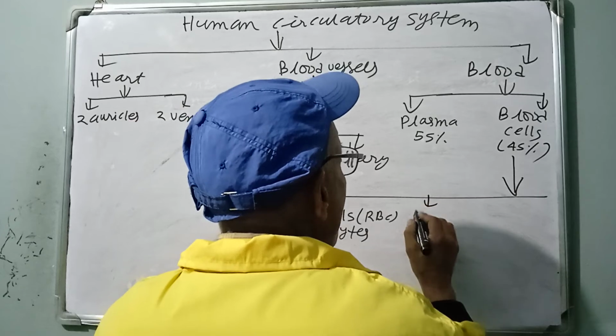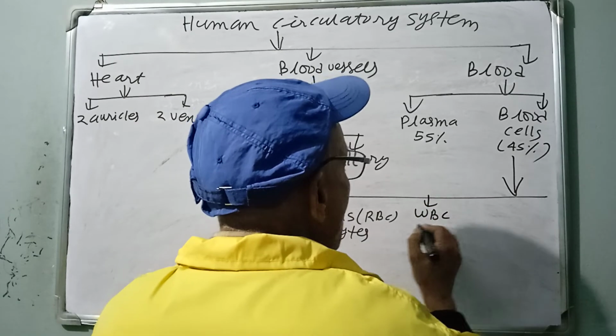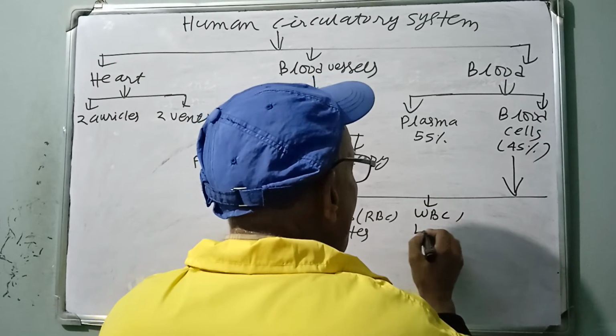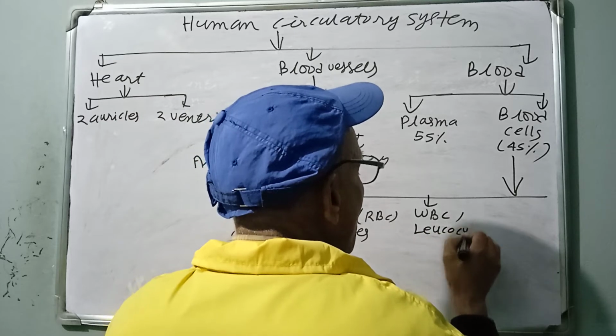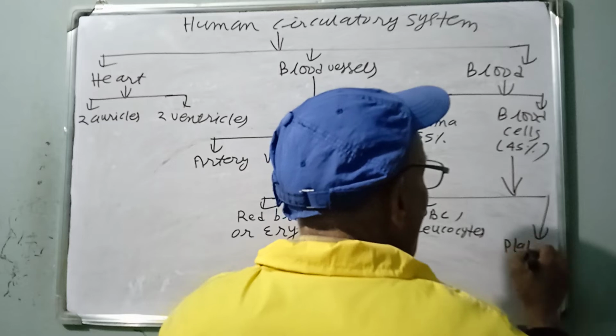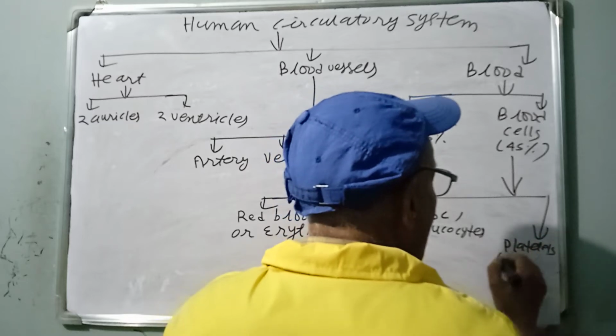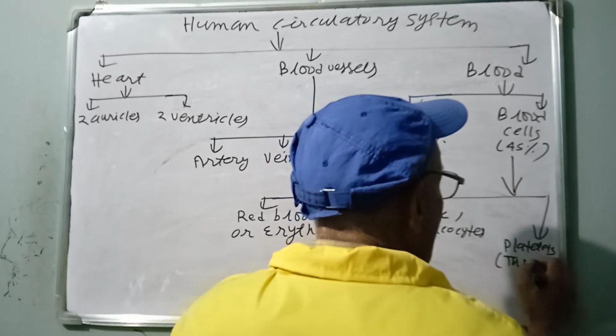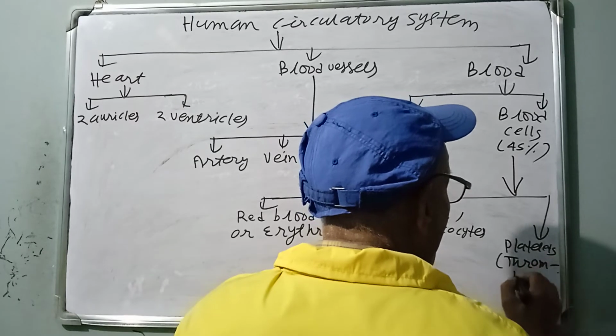Another, WBC, white blood cells or leukocytes. Another is platelets or thrombocytes.